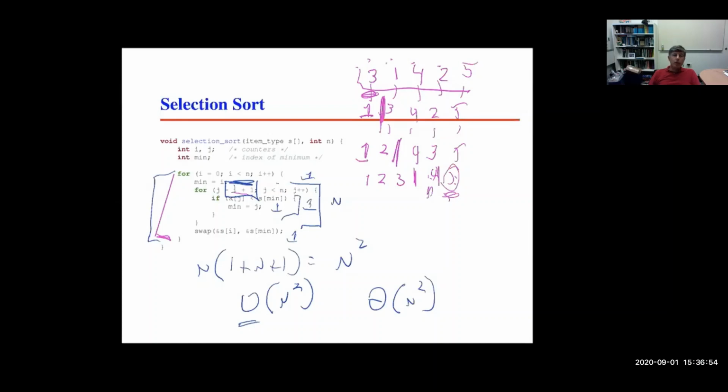If I had told you that the worst case running time of selection sort was order n cubed, I would be making a true statement, but not a very interesting statement. I'm giving you an analysis of the complexity where my analysis is too soft. O of something is an upper bound, right?